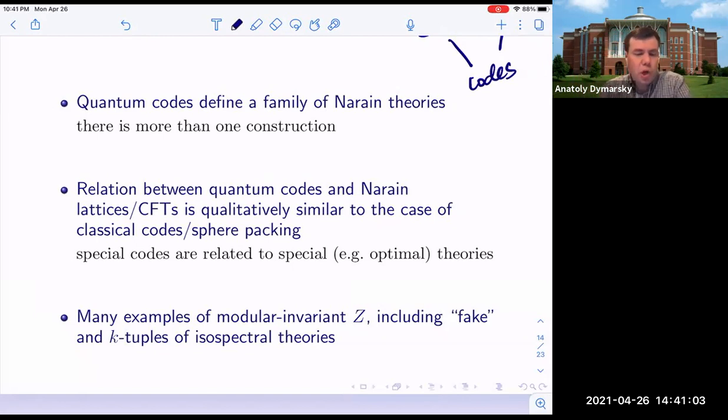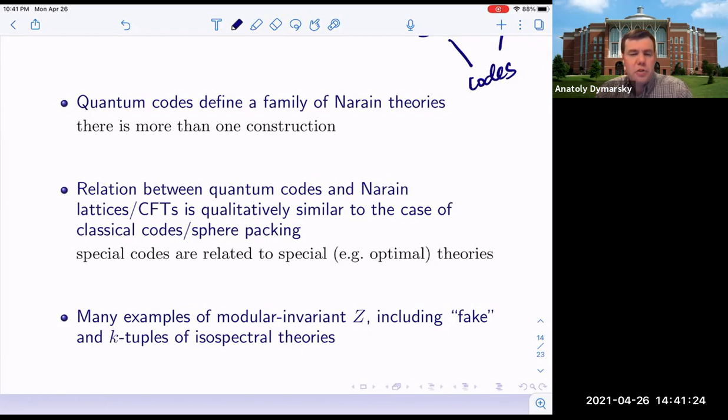Another important non-technical punchline is that the relation between codes and Narain lattices is qualitatively the same as the relation between classical codes and sphere packing. In small dimensions, certain very special codes maximize the density of sphere packing, and the same is true here.